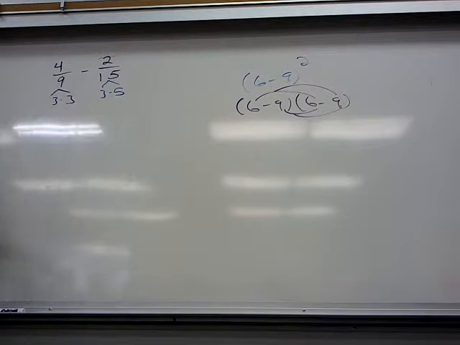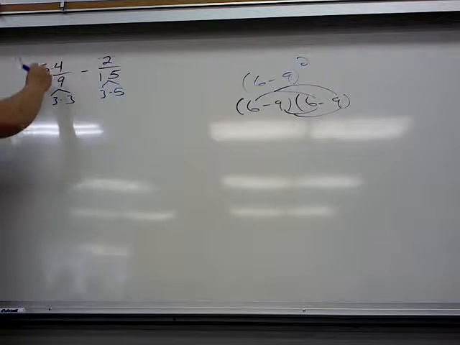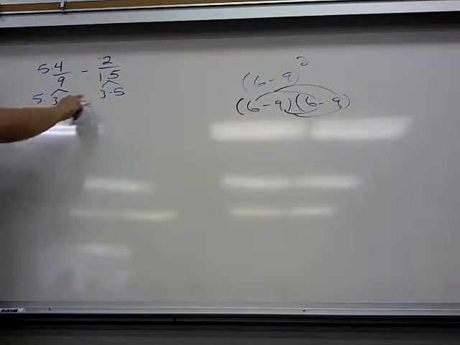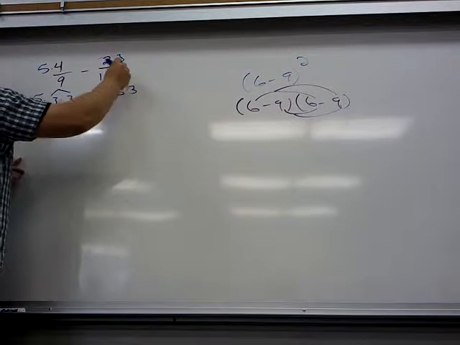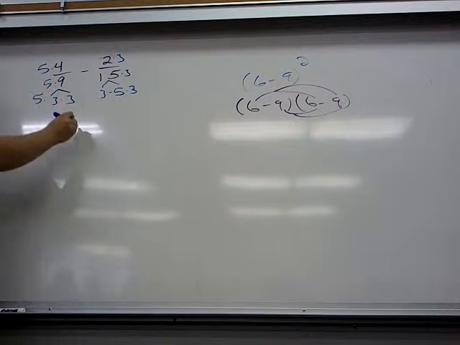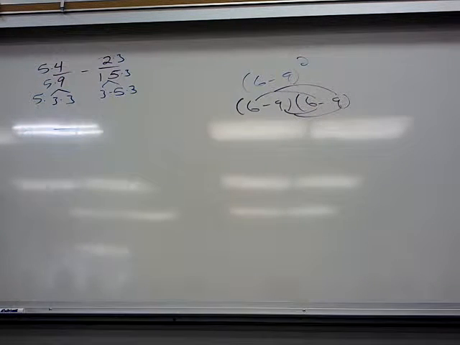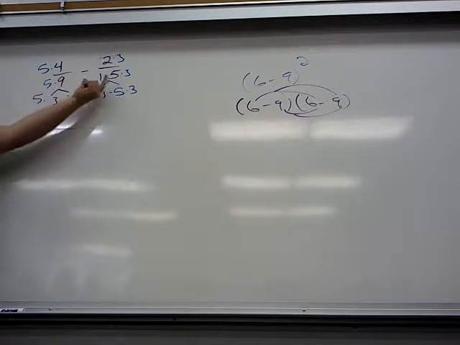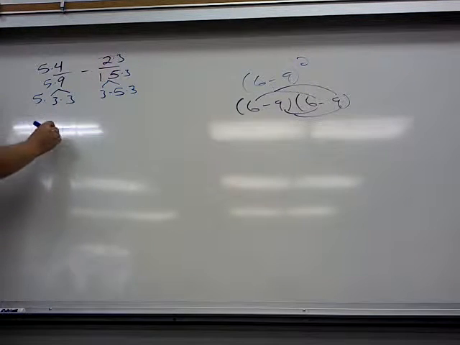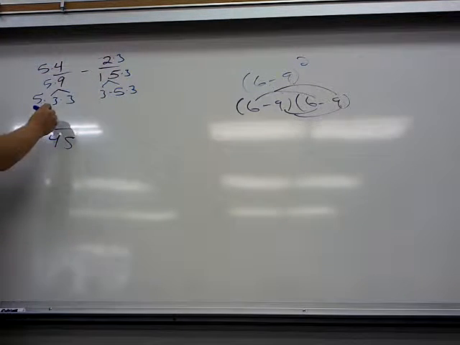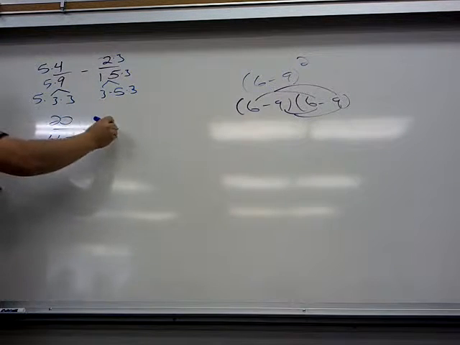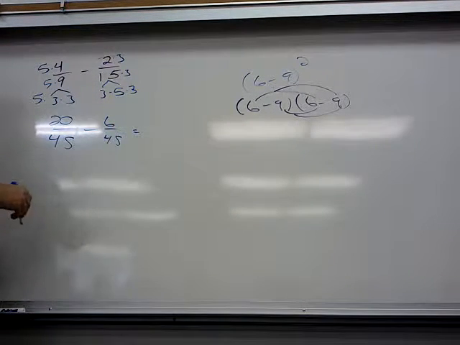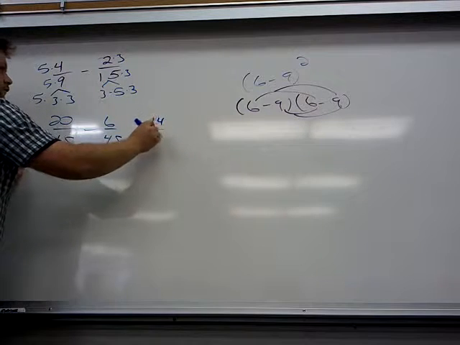A 5. And what does the other guy need? 3. Yeah, he's only got one 3. He needs one more 3. So now what's on the bottom of both? 45. So this will be 20 over 45 minus 6 over 45. 14 over 45. Cool.